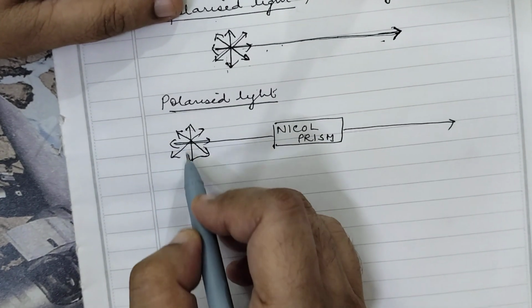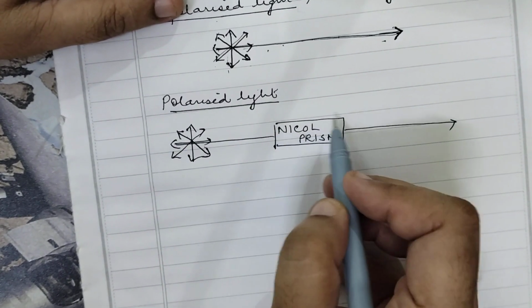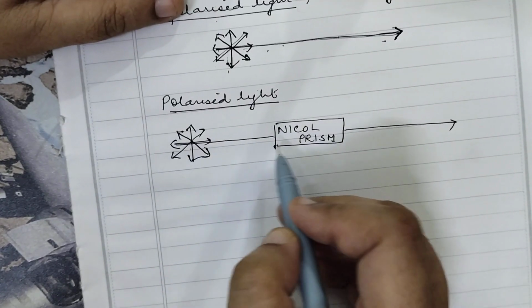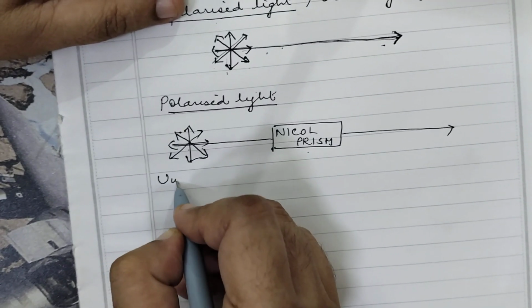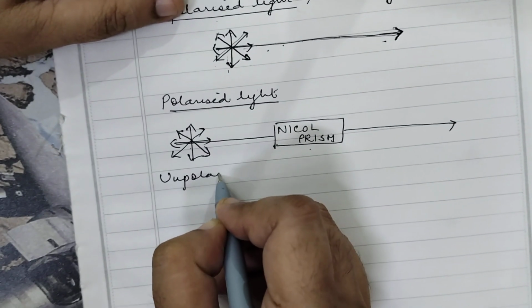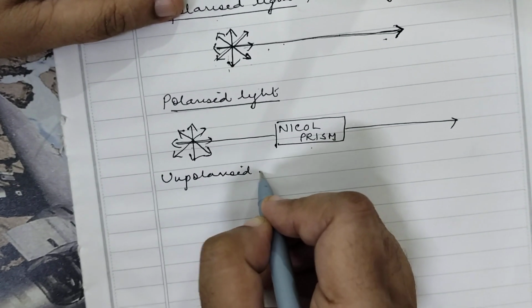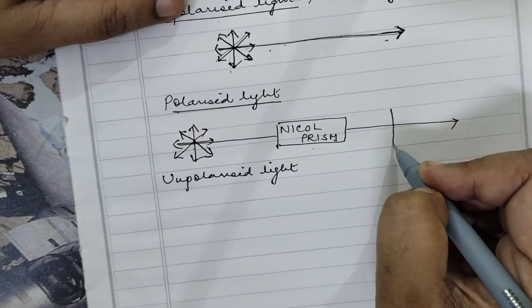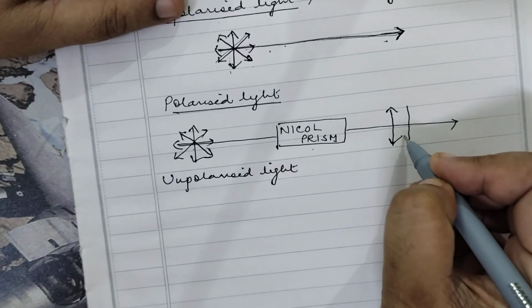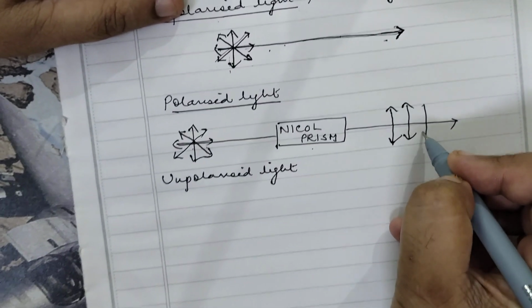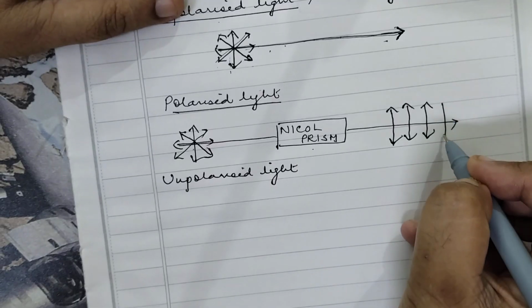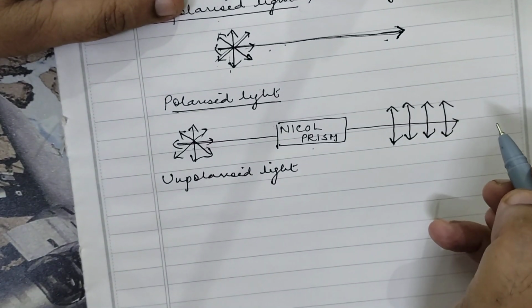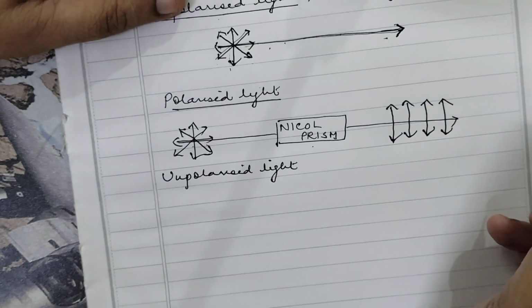So if the unpolarized light is passed through Nicol prism, then it becomes polarized. That means all the vibrations which were in different directions will become parallel to each other, that is, they all will be aligned in one plane.